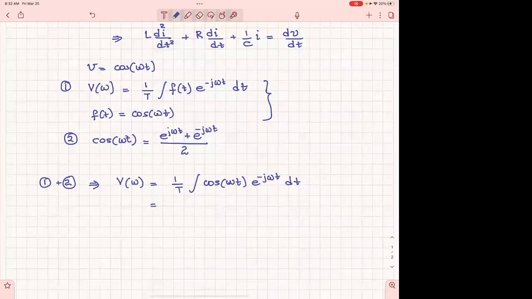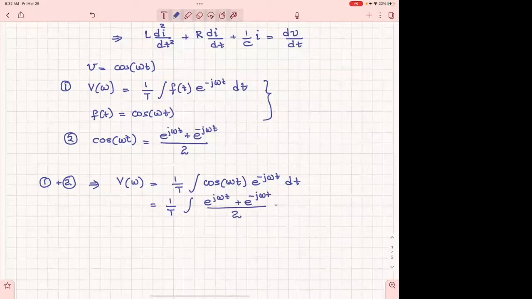And that gives me 1 over T, replace cosine with e to the j omega t plus e to the minus j omega t, divided by 2, times e to the minus j omega t dt.